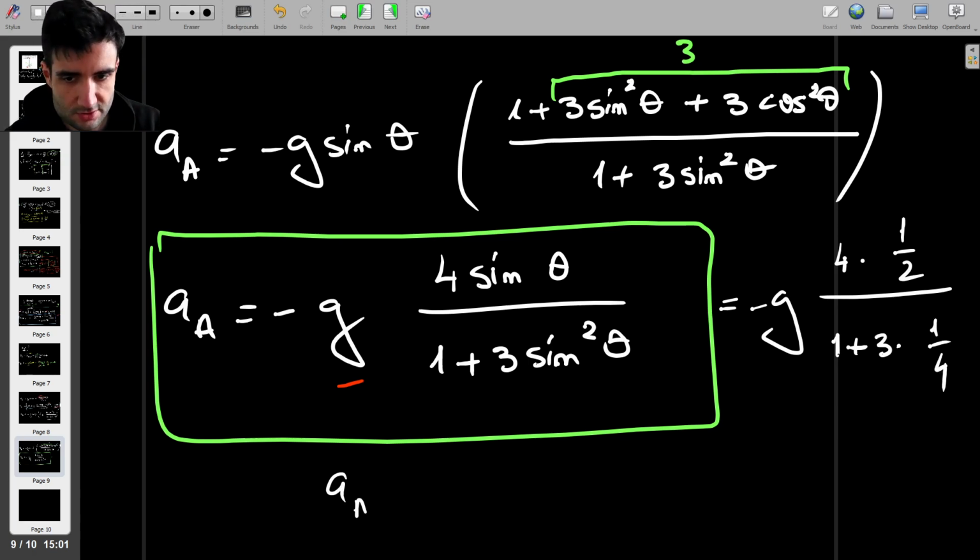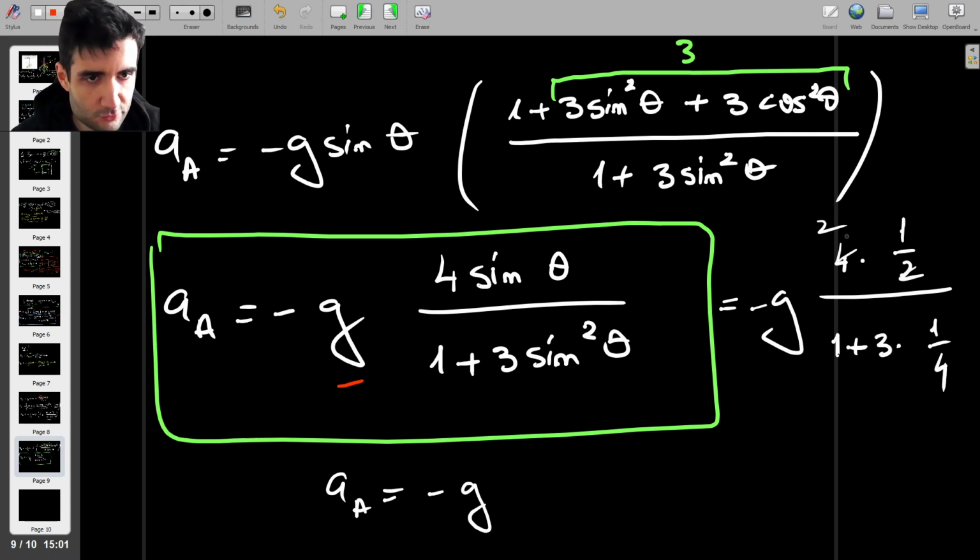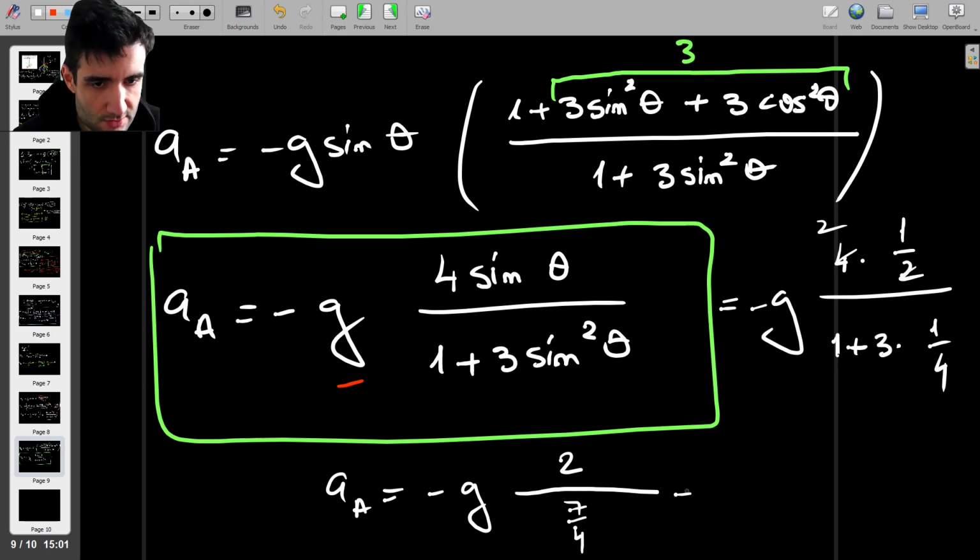So the acceleration is going to be equal to minus g times 2 on top, and on the bottom we have just 7 over 4. So this is going to be equal to minus g times 8 over 7.